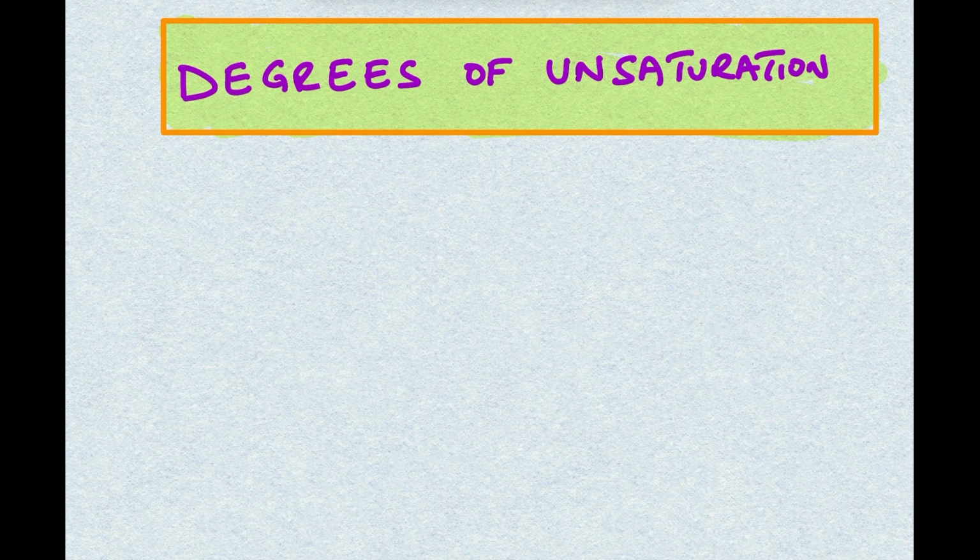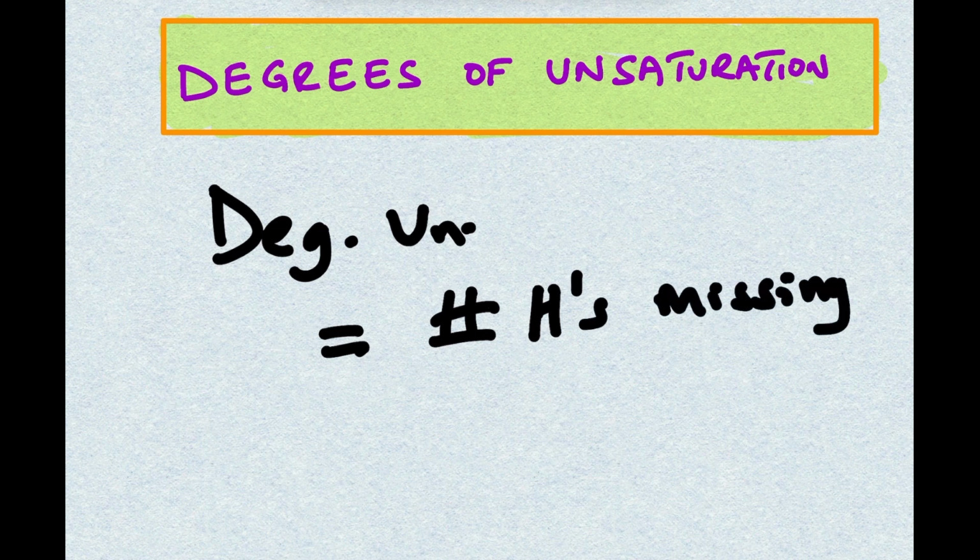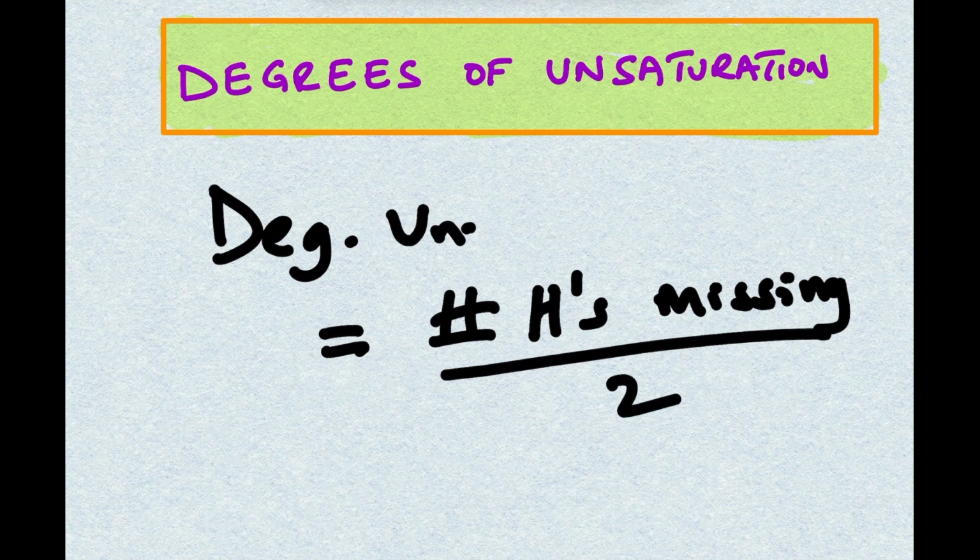Now the degrees of unsaturation can be calculated as: degrees of unsaturation equals the number of missing hydrogens divided by 2.